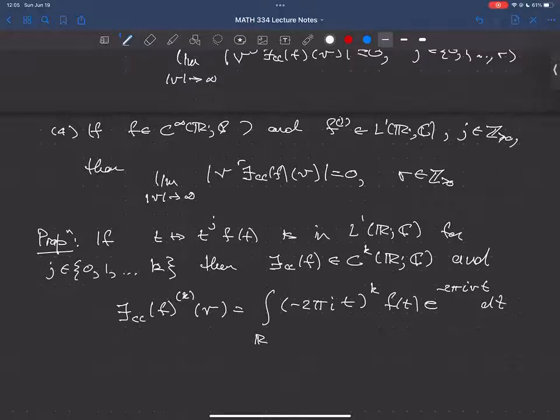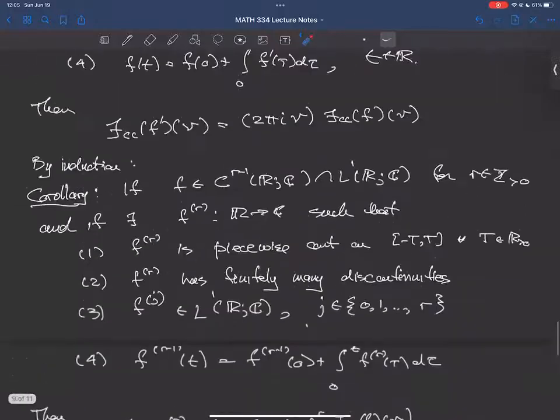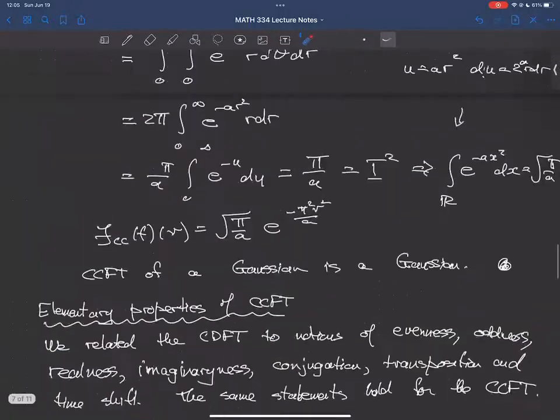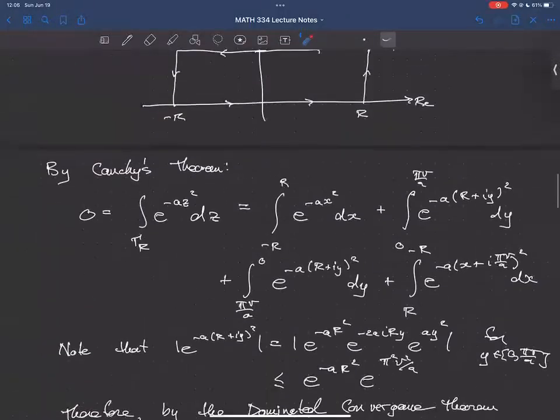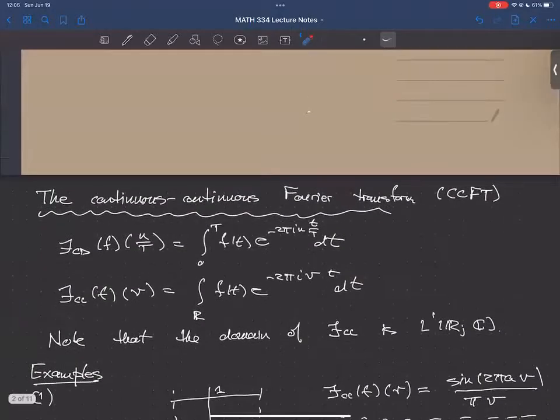So this formula isn't surprising, because really how it comes about is that you take the formula for the CCFT, which is this one, and you just differentiate with respect to nu.